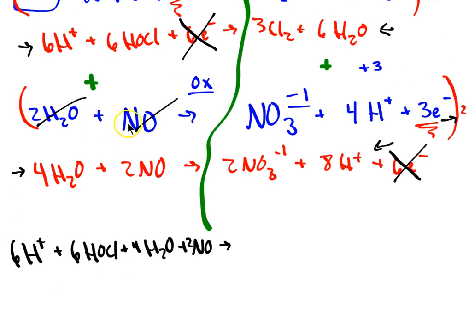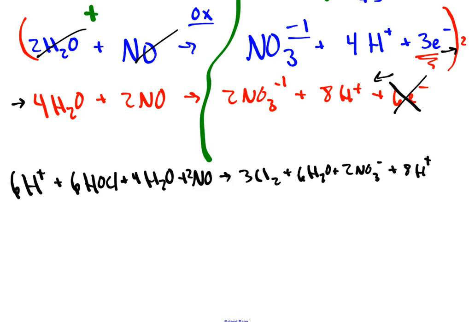Okay, so now one more time up here, 3Cl2 plus 6H2O plus 2NO3 minus plus 8H plus. All right. Then I'm still not done. Now I can cancel stuff out that's on both sides again. And you could have done that before this. I just wanted to be super thorough.